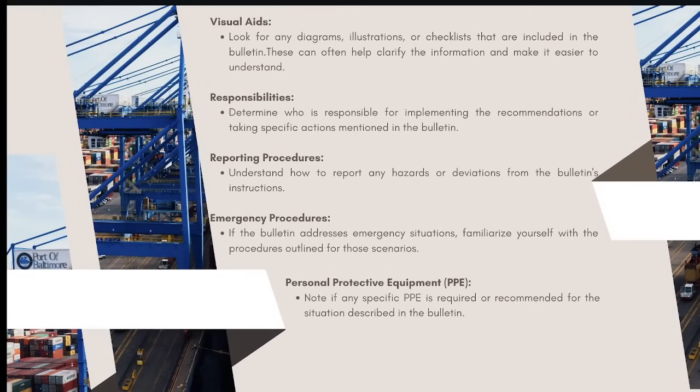You can also see some visual aids, like diagrams or illustrations or checklists that are included in the bulletin. This can often help clarify the information and make it easier to understand.